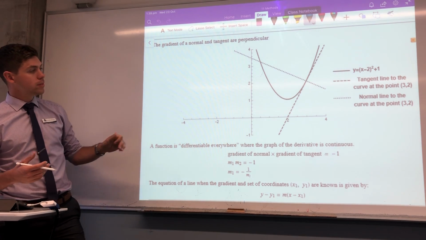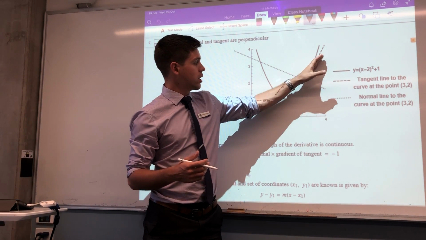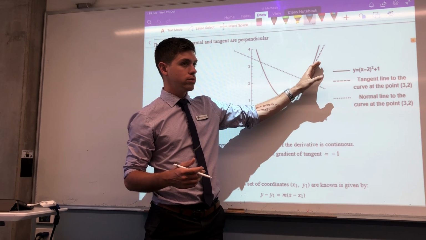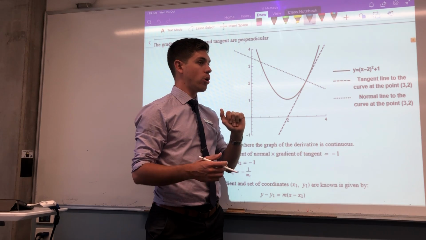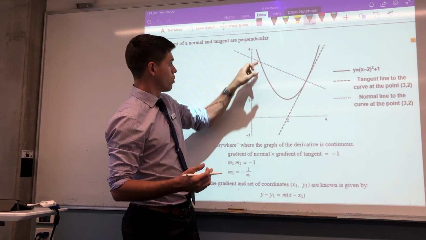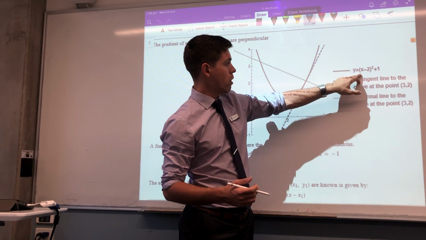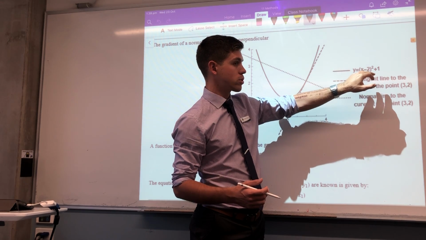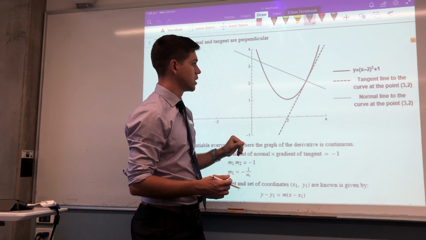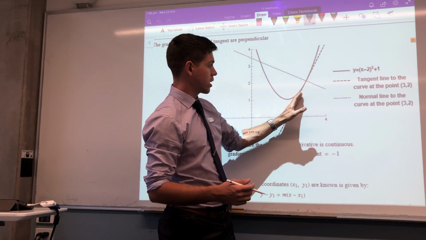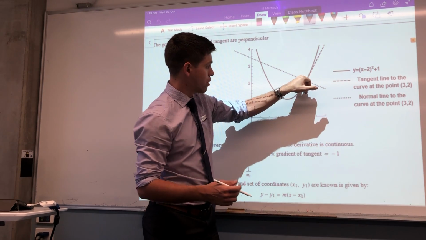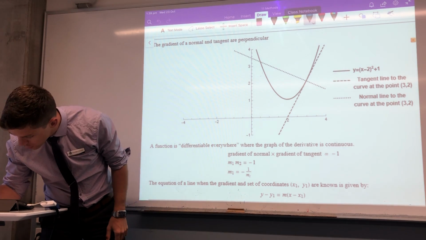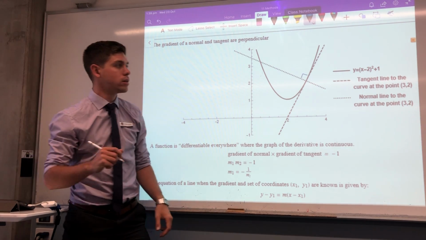If we can find a tangent to the curve or the normal to the curve, the 2 things are going to be perpendicular to each other. What you see in this is the curve y equals (x minus 2) squared plus 1. This dashed black line is tangent to the curve, and at a right angle is your normal line.